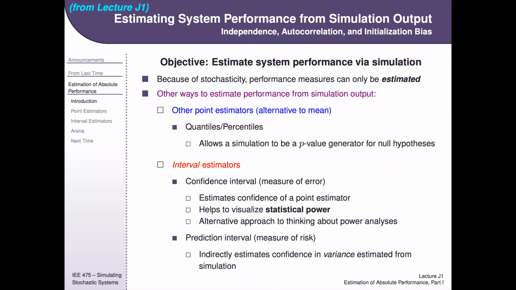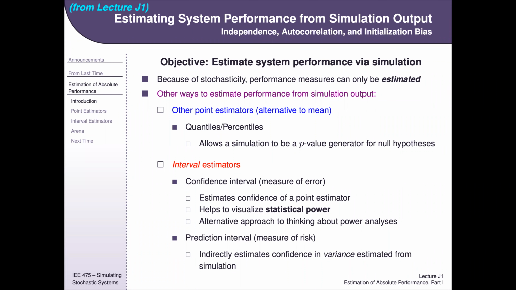A confidence interval, which you've seen before, which we'll define a little more rigorously here, gives you not only the mean, but how confident you are that the true mean is close to the estimated mean. Because your estimated mean is just the mean of the data you gathered. It is not necessarily the mean of the population, but it might be close to the mean of the population. The confidence interval tells us how close we think the mean of the population is to the mean we got from the data.